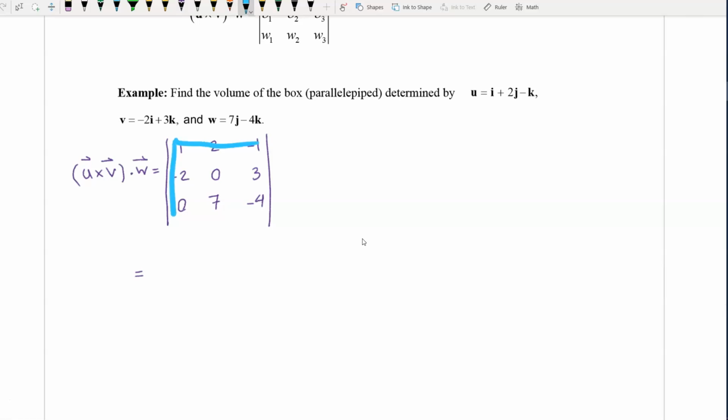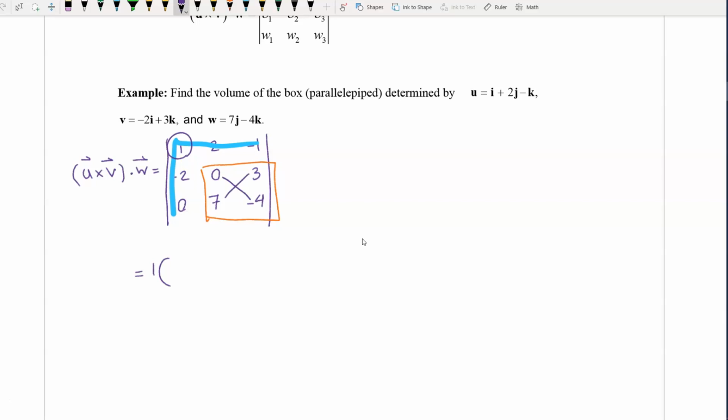so first row, first column, we have this part here. So we're going to have 1 times 0 times negative 4 minus 3 times 7.